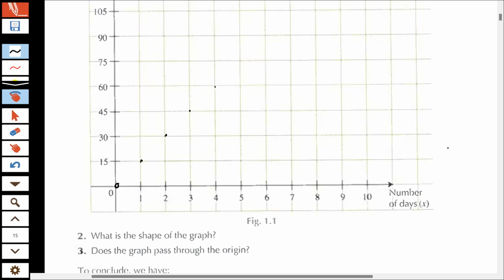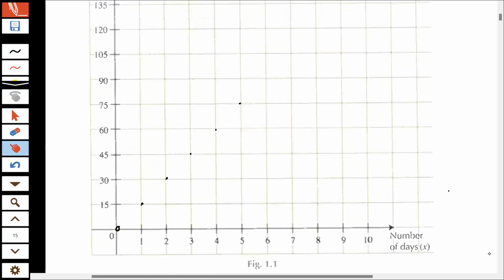When x equals to 5, y equals to 75. When x equals to 6, y equals to 90. When x equals to 7, y equals to 105. 8, 120. 9, 135.